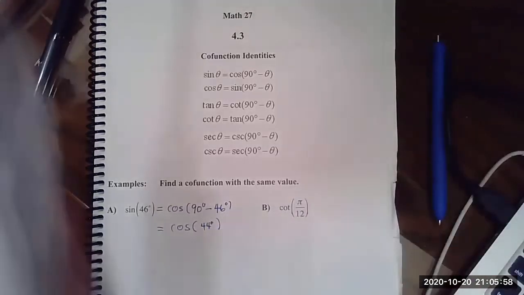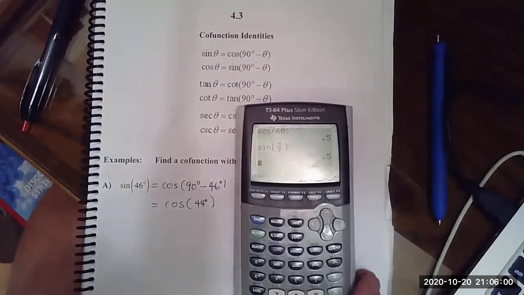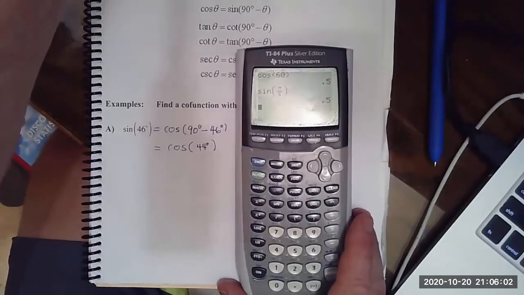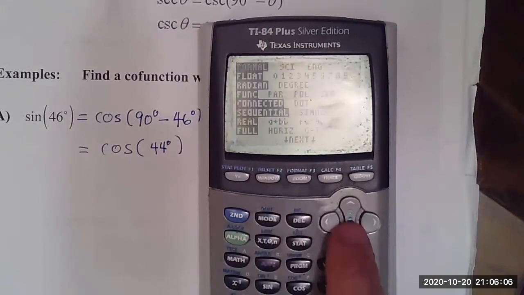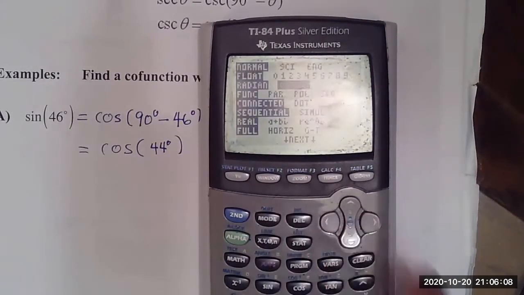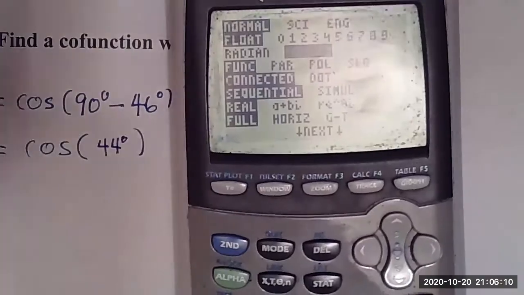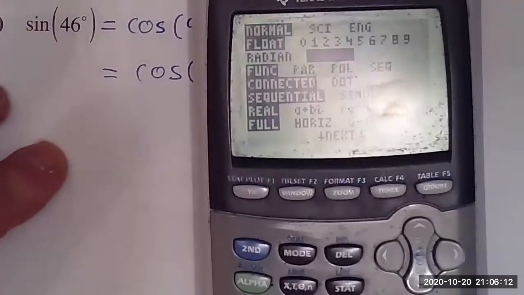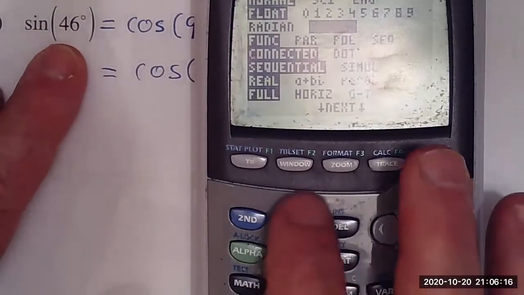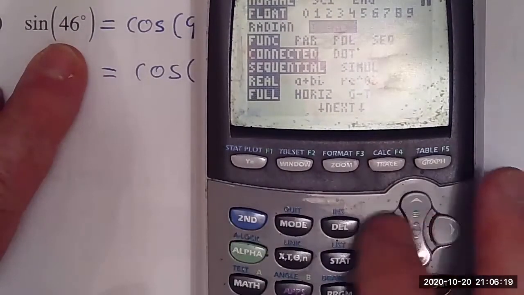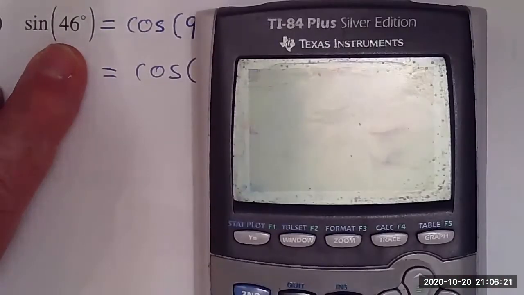And just to show you that that's true, I'm going to go in here and got to put degree mode back in again. Okay, here's your degree mode. I'll do the sine first right here. So sine of 46 degrees.